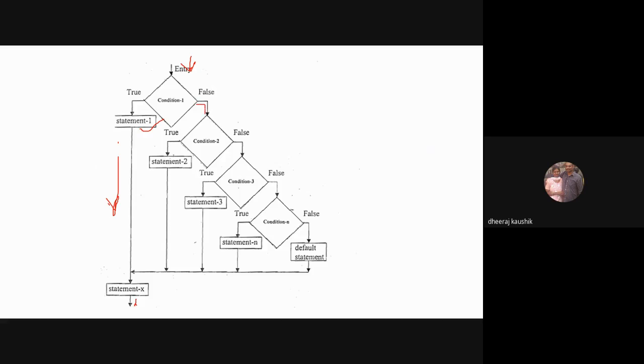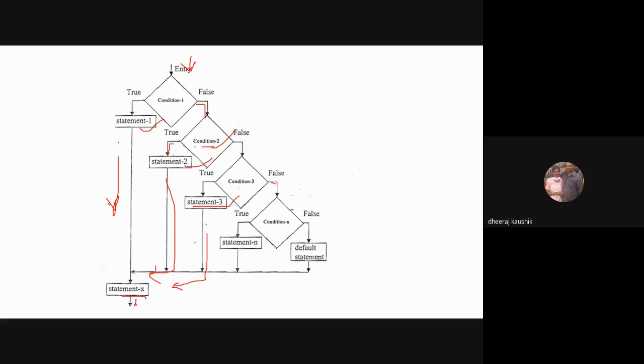But if it is false, it checks for another condition. And if it is true, it executes statement 2 and then goes into the last statement, which is statement X. And if condition 2 is false, it goes to condition 3, then checks for its truth value, and if it is true, it executes statement 3 and goes to statement X.